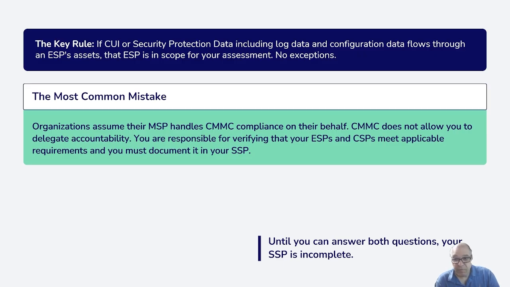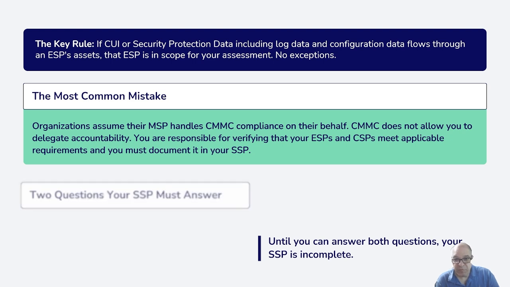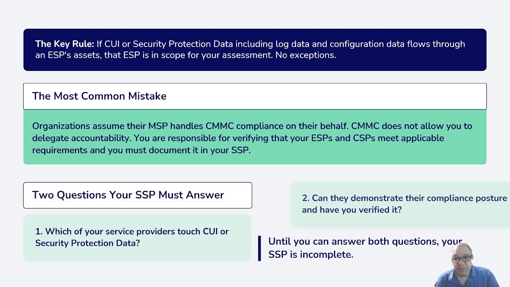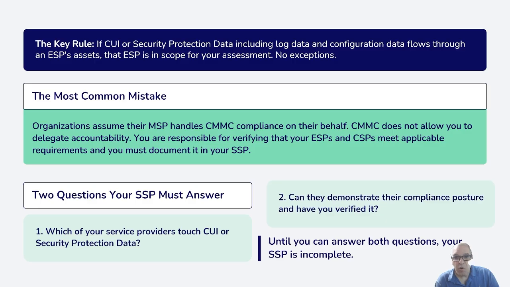You are responsible for verifying that your external service providers meet the applicable CMMC requirements. You need to know what they handle, how they handle it, and what their compliance posture is. Before your SSP can be complete, you need answers to 2 questions. Which of your service providers touch CUI or security protection data? And can they demonstrate their compliance?